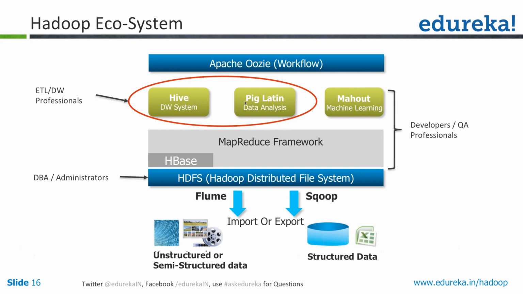And this map program goes to the cluster where your actual data is stored. So instead of moving your data towards the compute grid, your program itself is moved to the cluster, and you run your program there.